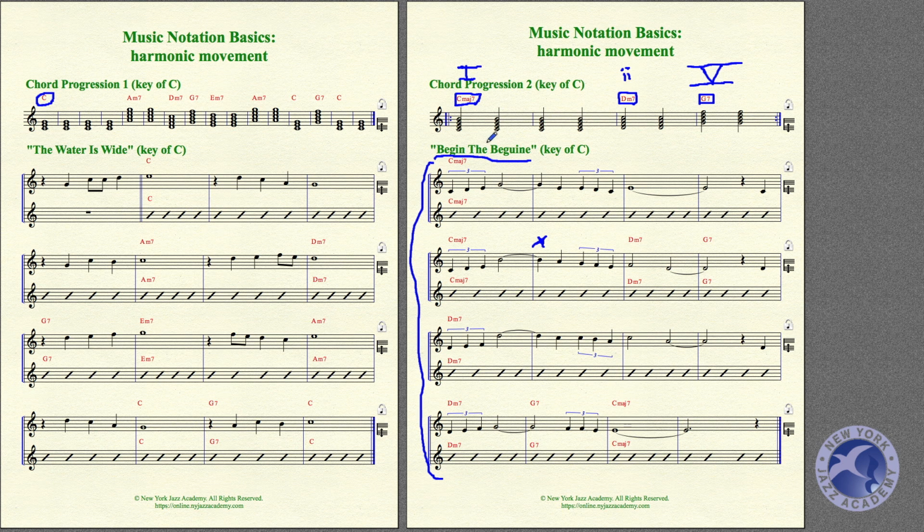So again, before we get to Begin the Beguine, let's look at this chord progression and just hear it. I'll play it down really straight, and then I'm going to take the repeat, and I'll play it again. Right away, I'll put kind of a rumba beat behind it as best I can on the piano. So first of all, really straight. Notice on this, I'm putting half notes in.